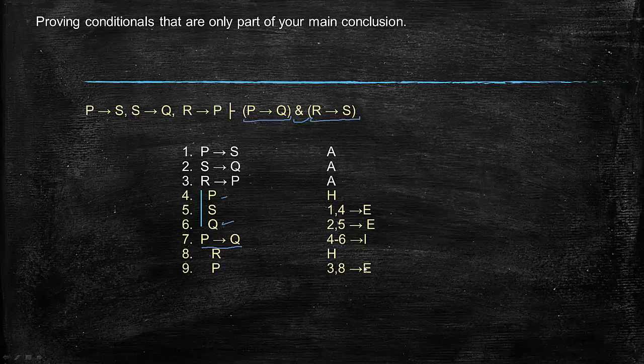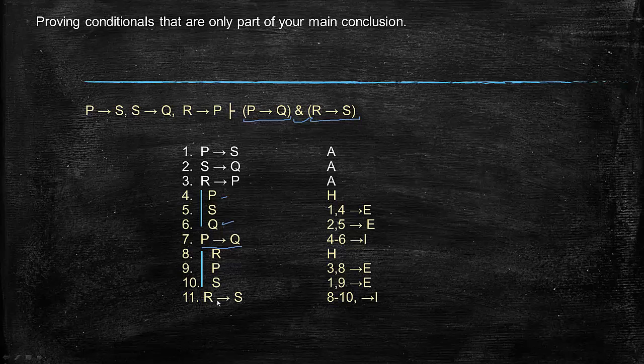And then I'm going to get S by 1 and 9, conditional elimination. And then I'll say, good, now I have actually gotten if R then S. So once again, I will assert that conditional, drop the line, and now this hypothesis and what I derived using the hypothesis are, again, off limits.